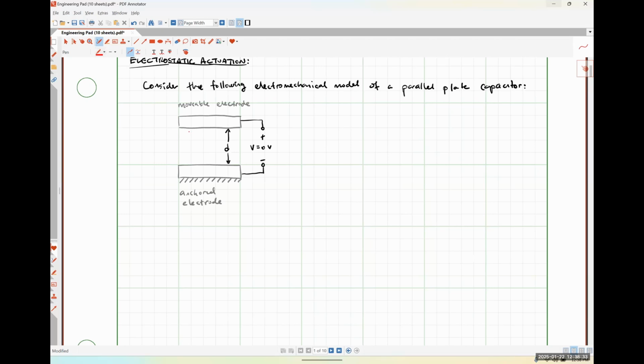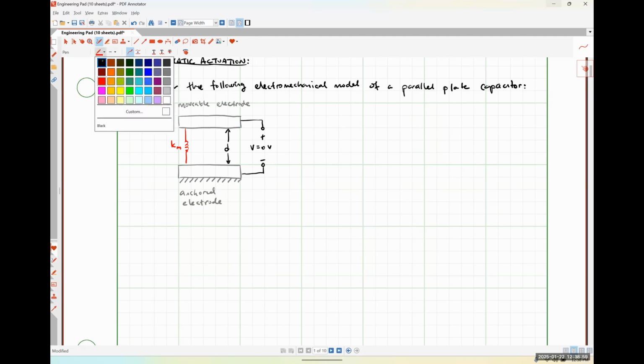And I'm going to link these two electrodes together with some sort of spring, which will have a spring constant of K sub M, where that subscript M is for mechanical. So this is literally a physical spring linking these two plates. Not electrically linking them, but mechanically linking them, okay?